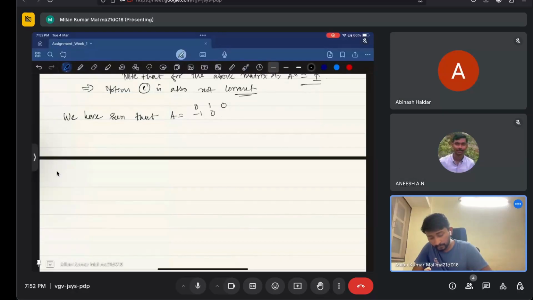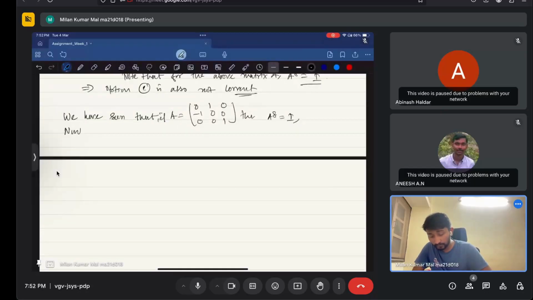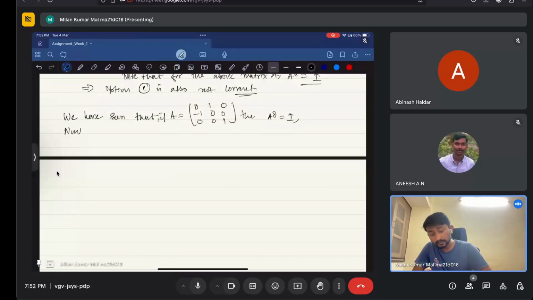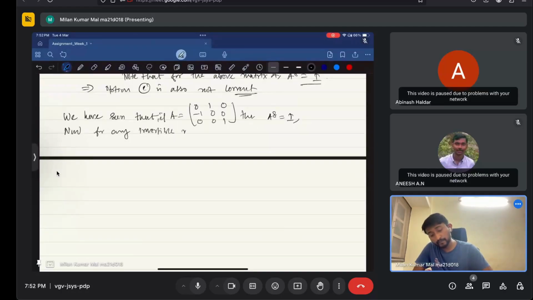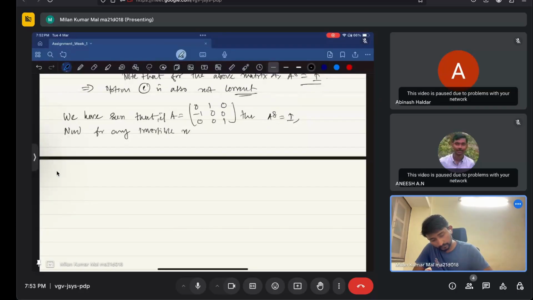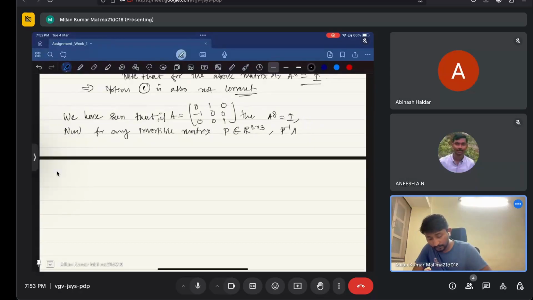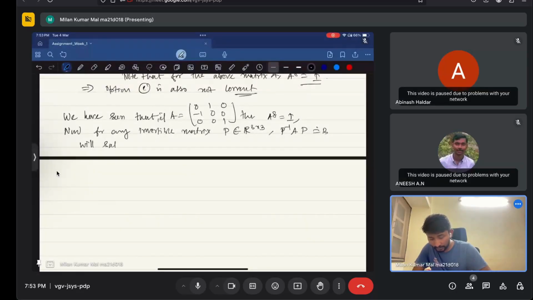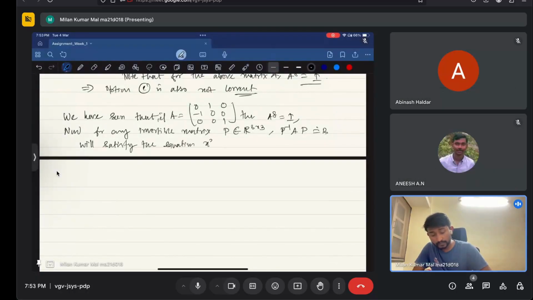Now for any invertible matrix P of degree 3, P inverse AP will satisfy the above equation x cube equals 1.